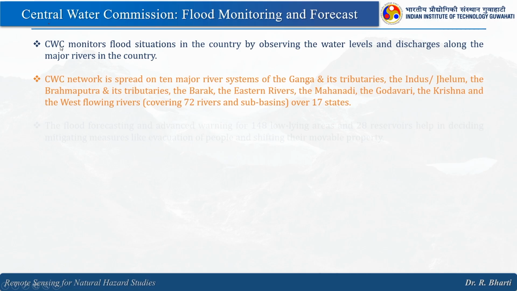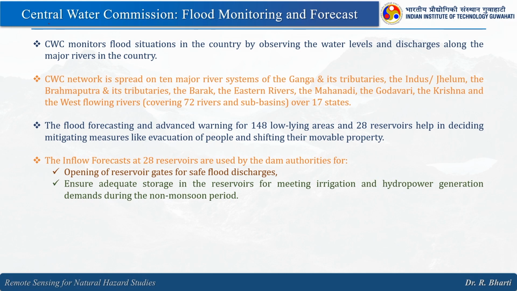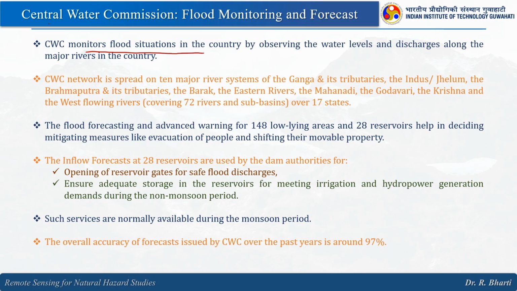Central Water Commission, the CWC in India, they are actively engaged in flood monitoring and forecasting services. CWC monitors the flood situation in the country by observing the water level and discharge along the major rivers in the country.